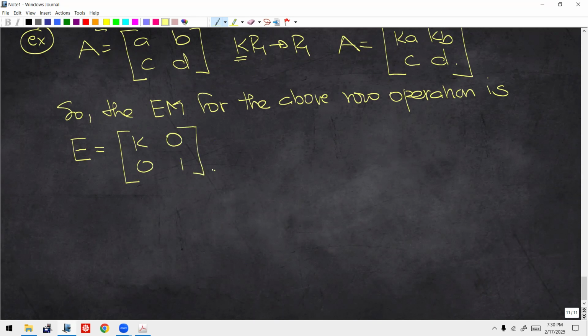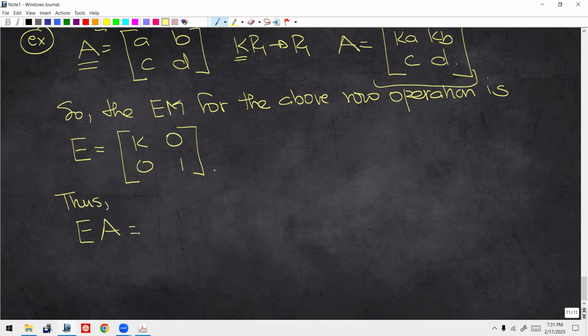Now that note told us that instead of applying the row operation on A directly, we can apply it on I to get E and then multiply E by A. So E times A should give us this, right?